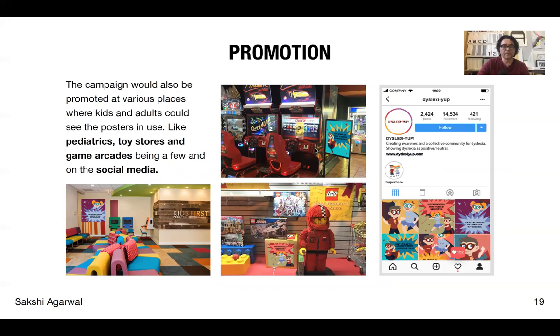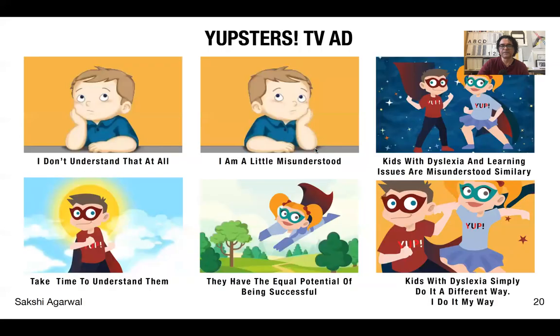So whether it's within doctors' offices, pediatrics offices, toy stores, or even arcades, if those still exist. Looking at how these characters can show up in everyday places, beyond the doctor's office, to make them mainstream.